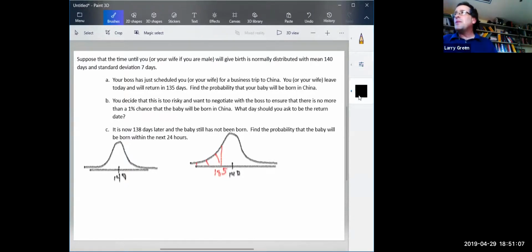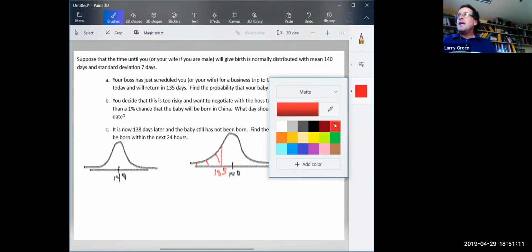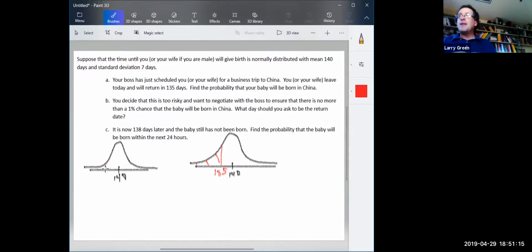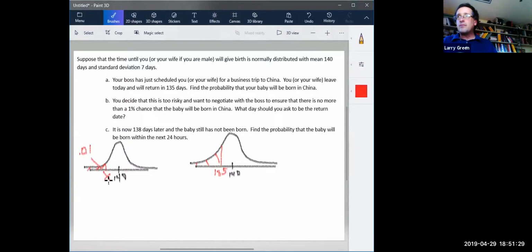So what that means is we know the percent chance, we know the probability, and if you remember, probability is area. So what we know is that over here, this area is 0.01. And we want to find this value x.